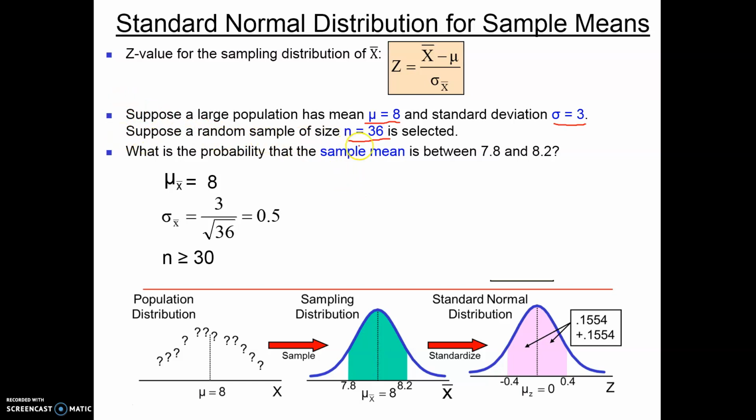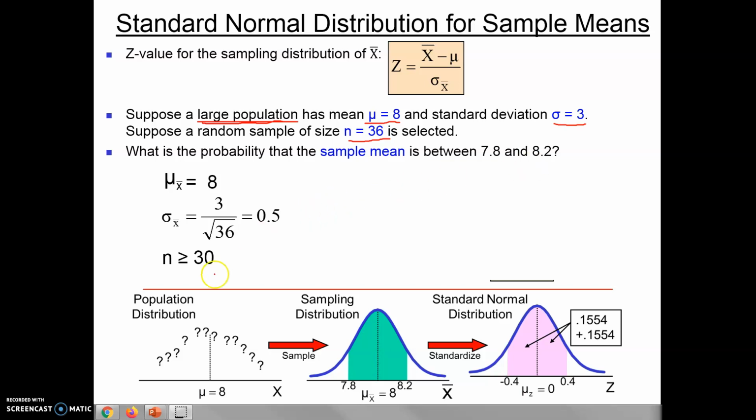But because we pulled a sample greater than 30, and because it's from a large population, we met the second requirement. So once we understand that it is normally distributed, we can then use our z-tables to calculate various probabilities. For example, if we want to know the probability of a sample mean between 7.8 and 8.2, we'll just convert these 7.8 and 8.2 values into z-scores and use the table.